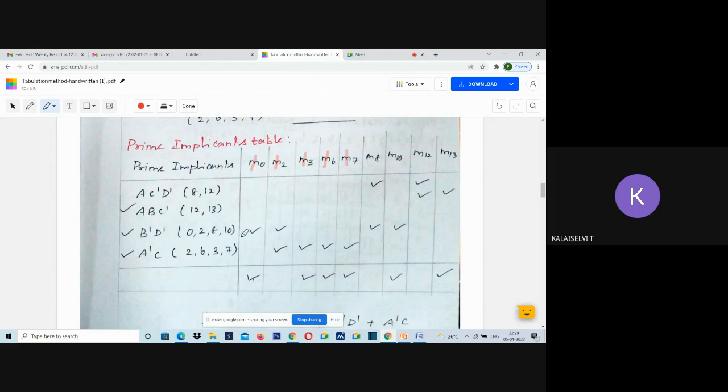And 8 is here, so this is included in our minimized boolean function. And 10 is occurring here, so this is also in our boolean function. And M12 is occurring here, so it is already included. And for M13 it is included here. Okay, so all the minterms are occurring here. So with these three prime implicants, or these three product terms, all the min terms have been included.